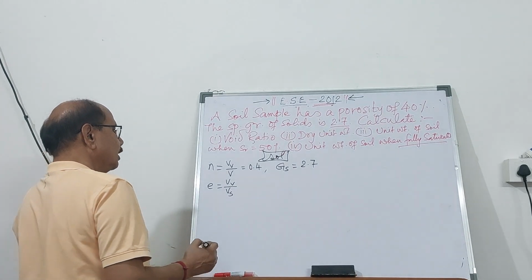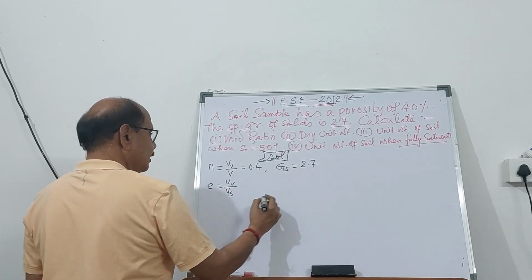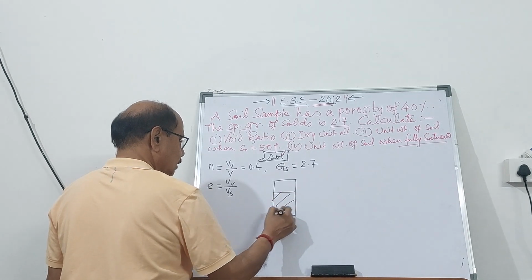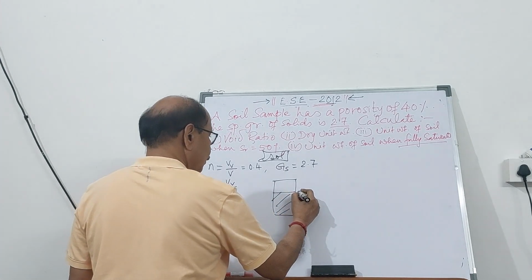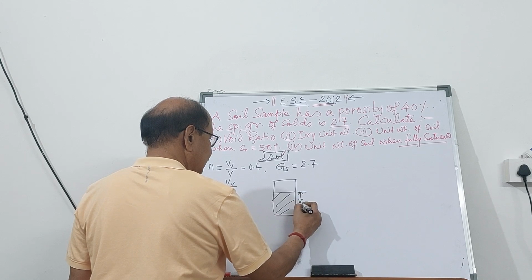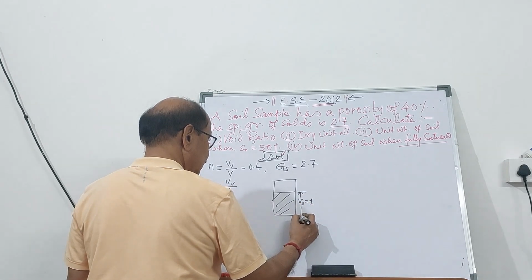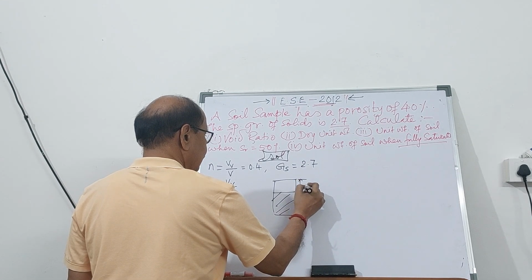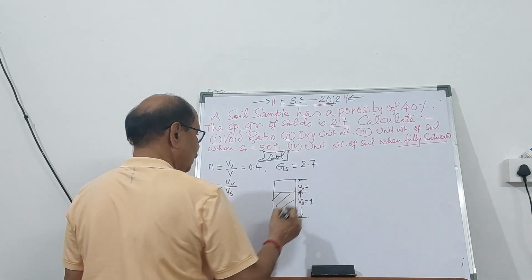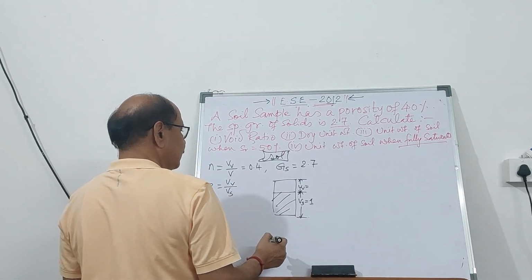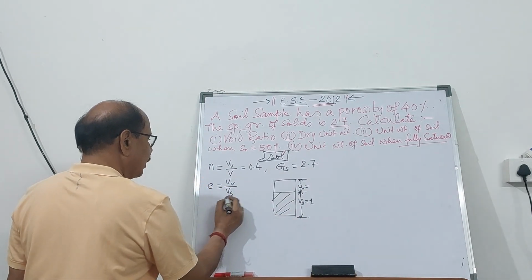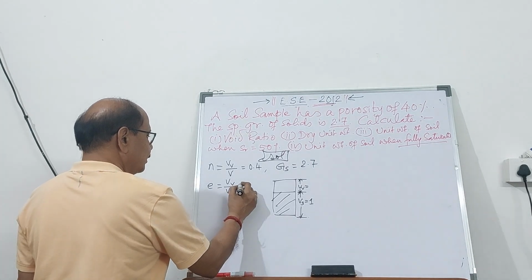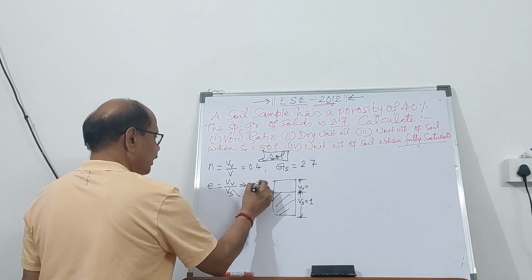So if you look to the three-phase diagram, the volume of solids, let's say this is unity, and this is the volume of void, right? And so if volume of soil solid is unity, then this implies that E equal to VV.